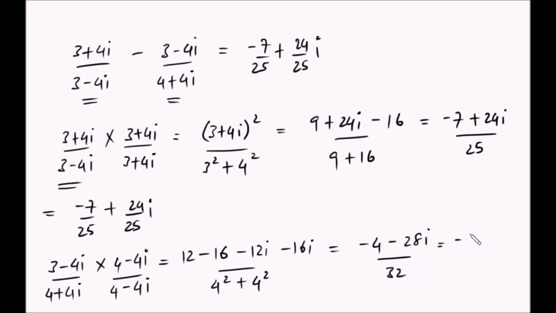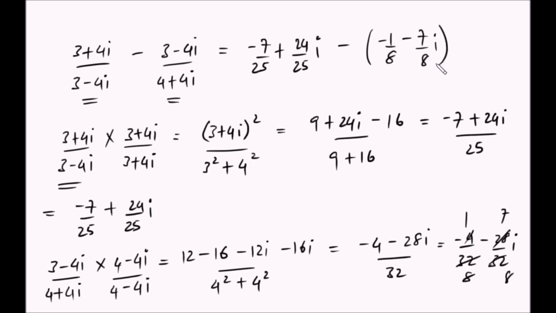So here we have negative 4 over 32 minus 28 over 32 i. Dividing by 4, here we have 1 over 8, and here 7 over 8. So this (3 - 4i) over (4 + 4i), after simplification, is negative 1 over 8 minus 7 over 8 i, like this.